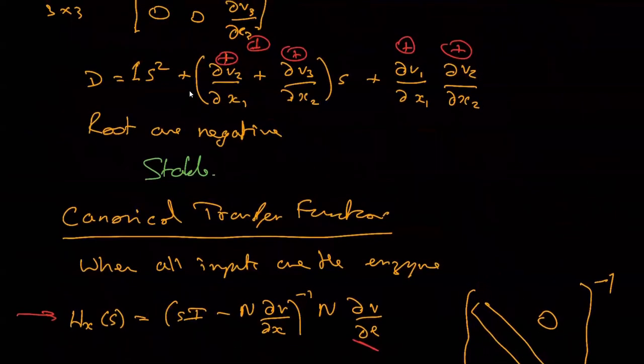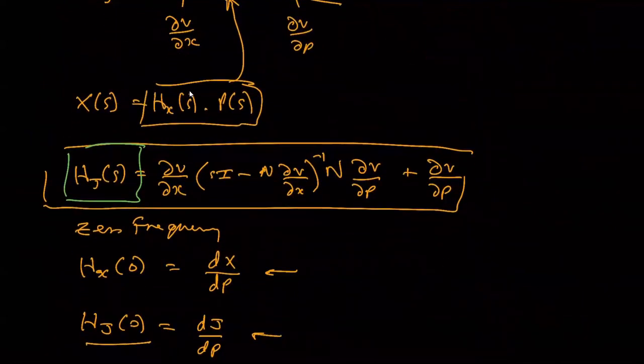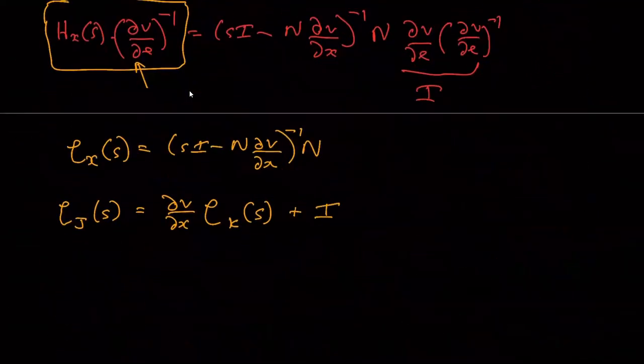Now the plus bit, let's go back to this piece here. So this is the flux transfer function. There's a dv/dp there and here. They both basically turn into the identity matrix. This one has to stay, of course, because I'm adding it, so it doesn't just disappear. So what I end up with is I. Those are the canonical transfer functions.